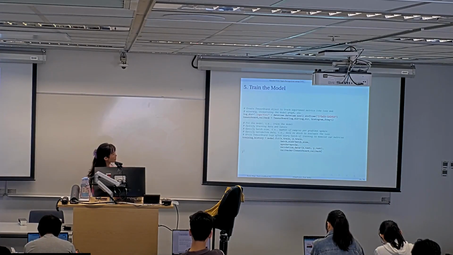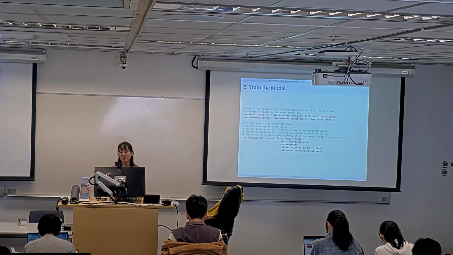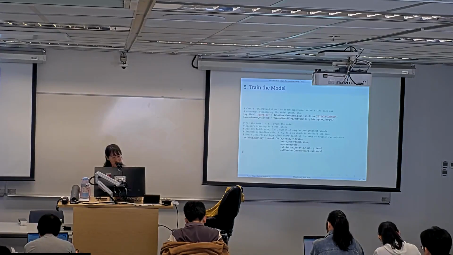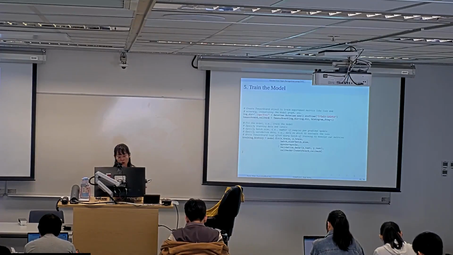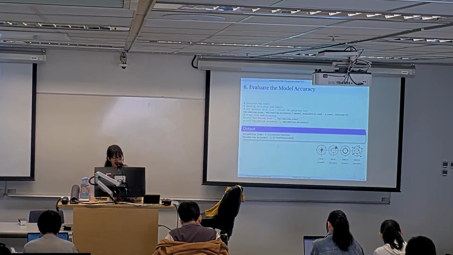After we run this line of code, model.fit, it starts to do the training. You will see a training bar that resembles the training process. After it finishes training for one epoch, we can evaluate the model accuracy.